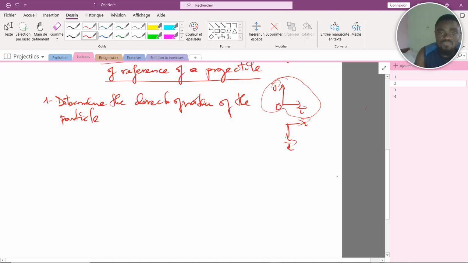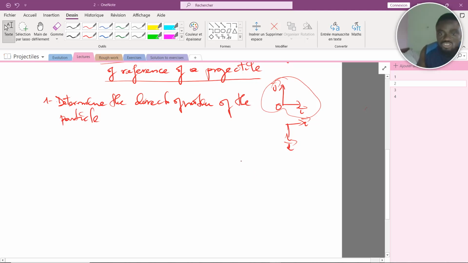For example, they can say an object is projected from a height h and it describes a projectile motion. Take origin of reference as the floor.